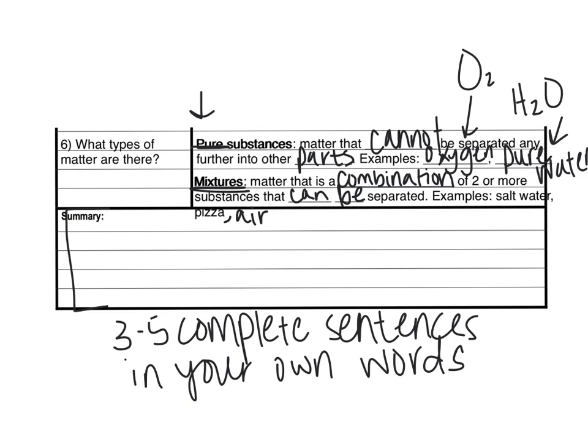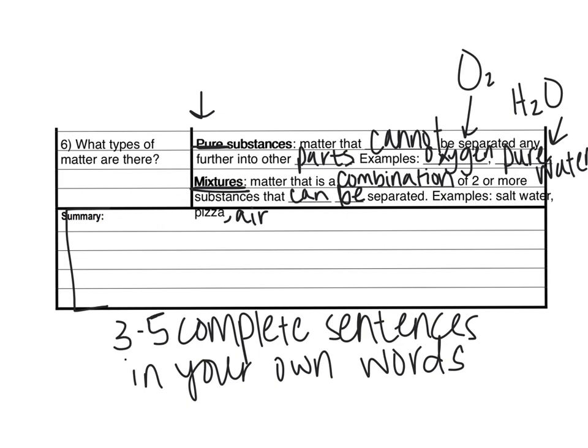Don't just regurgitate everything I said. So you don't make a sentence and say a pure substance is matter that cannot be separated any further into other parts. You already wrote that. Write it in a different way.